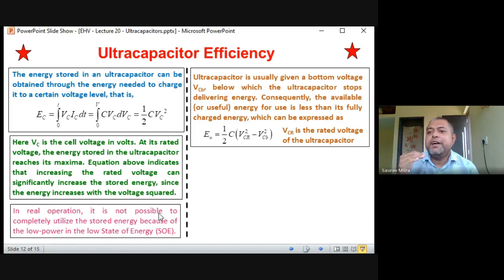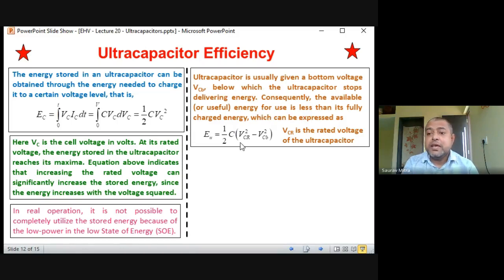But if the voltage comes below 0.5 volt, it is not going to discharge anymore. That is given by VCB. So the ultracapacitor is usually given a bottom voltage VCB, below which it stops delivering energy. That means you cannot totally extract all the energy from the ultracapacitor. There is a lower voltage below which it will not deliver. Consequently, the available energy for use is less than its fully charged energy.